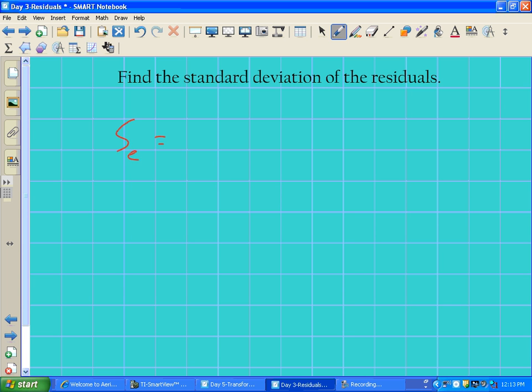It's the standard deviation of our residuals: the square root of SS resid divided by n minus 2. SS resid stands for the sum of the squares of the residuals. Okay? The sum of the squares of the residuals.